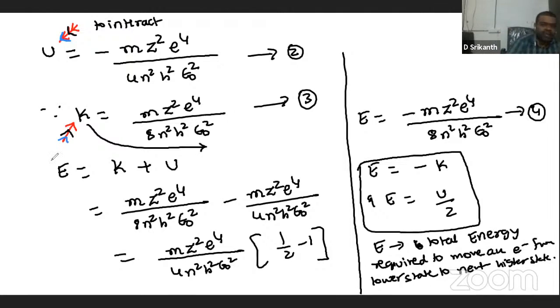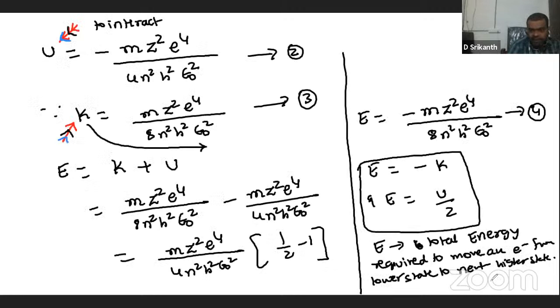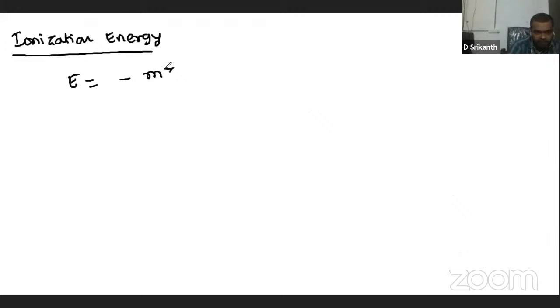Okay. So here we have the ionization energy. The energy required to remove an electron can be called the ionization energy. That is given as E is equal to minus m Z square e power 4 by 8 n square h square epsilon naught square.